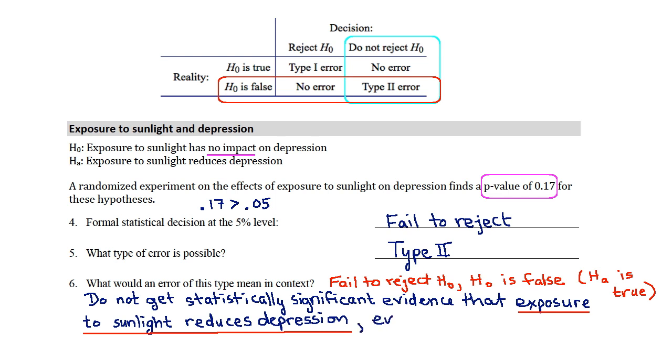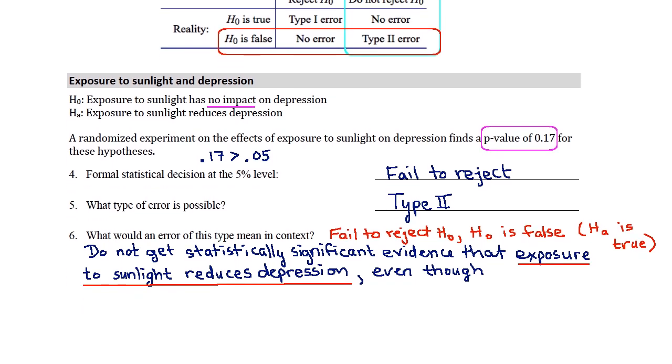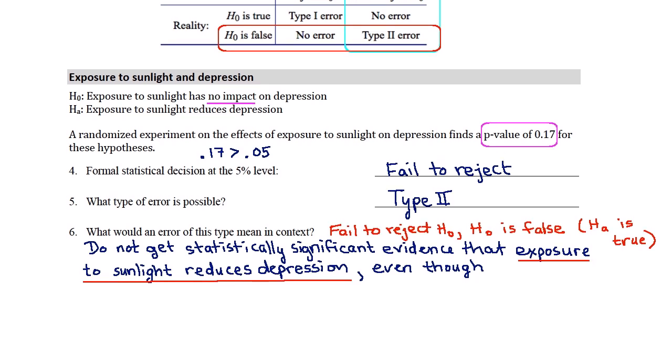Then we put in the even though, and we say the second half of it. Even though, in fact, HA is true, exposure to sunlight does reduce depression. We don't have to say those exact words again if it's obvious and we can summarize it. We don't get statistically significant evidence that exposure to sunlight reduces depression, even though it really does.